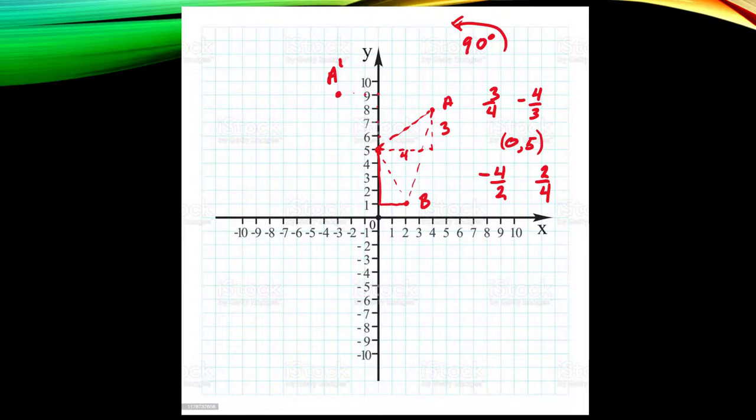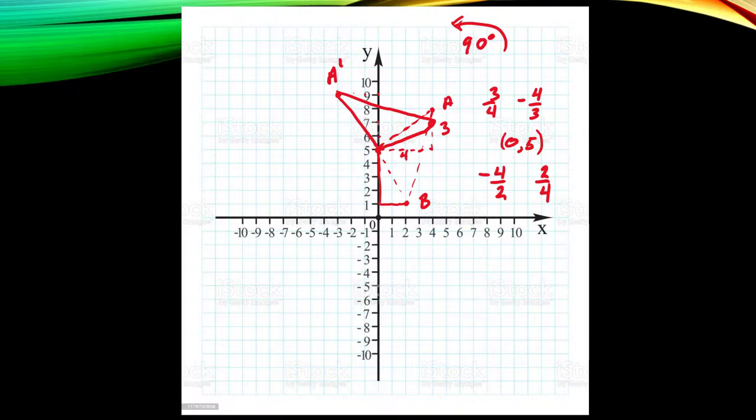So from the point of rotation, it's going to be up 2/4, and that's going to be that point. So now I have my triangle. Probably should have gotten a different color, but red works. There we go. So that's that triangle rotated 90 degrees.